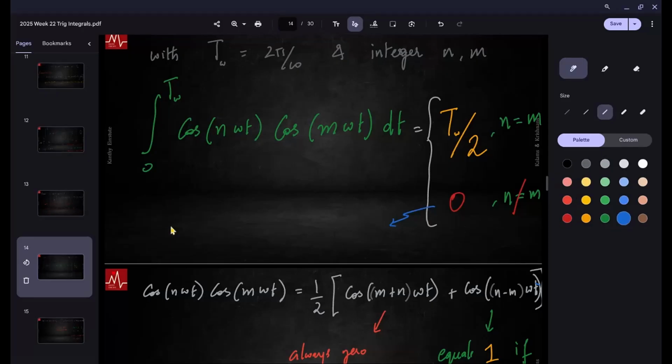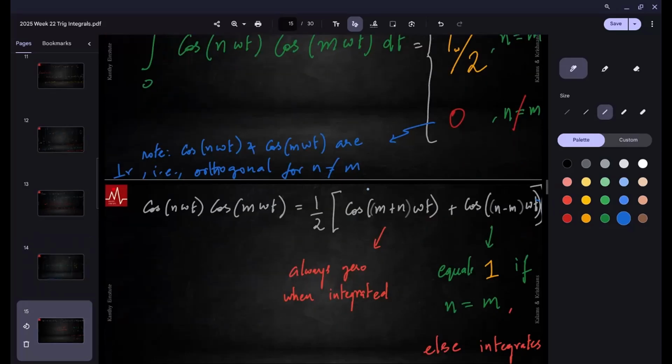Cos n omega t and cos m omega t are orthogonal, perpendicular, for n not equal to m. Okay, again, that's an important detail.